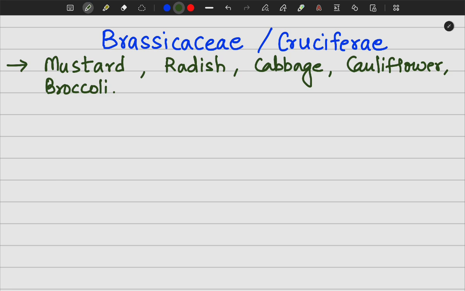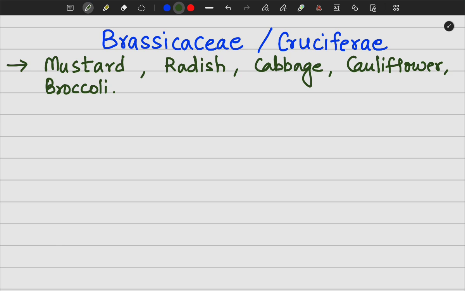Now, we don't have to go too much into the detail of this family, so we will just learn about the floral diagram and floral formula, which we also kind of studied in the previous lecture, along with some technical terms used for describing a typical flower.